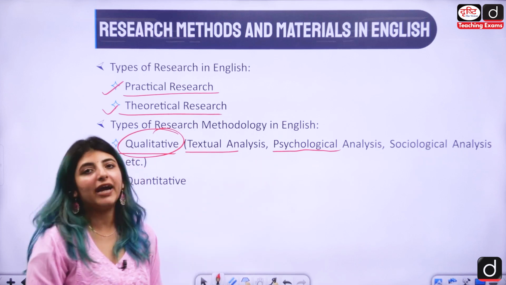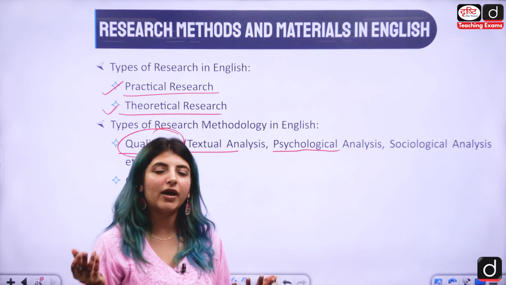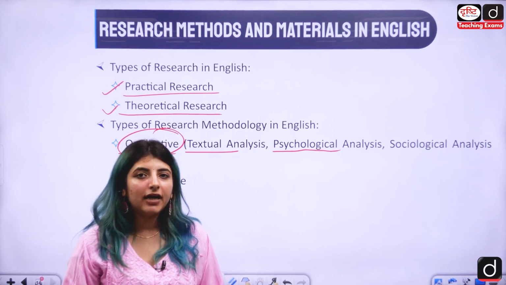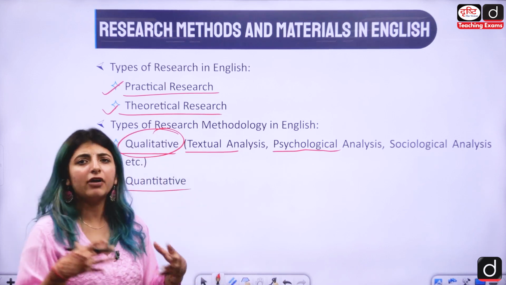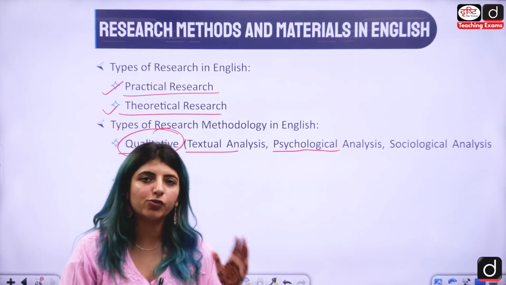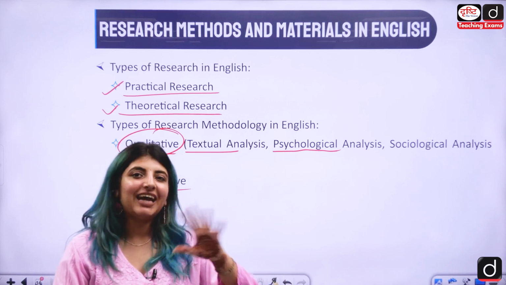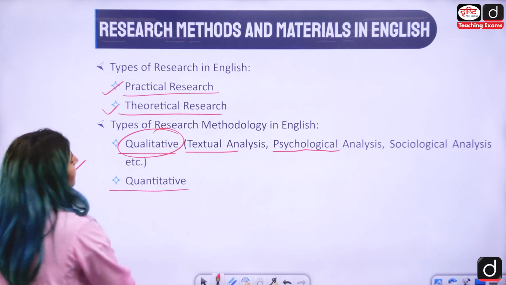If we look at the psychological analysis, we can look at the indecisiveness that Hamlet also had, to be or not to be, why this quote, how to use it, right? This is psychoanalytical criticism. Quantitative, how many times, if let's say I read Jane Austen's works, how many times the theme of love has come. So quantitative on stats as well, we can work and move forward by doing these particular things.